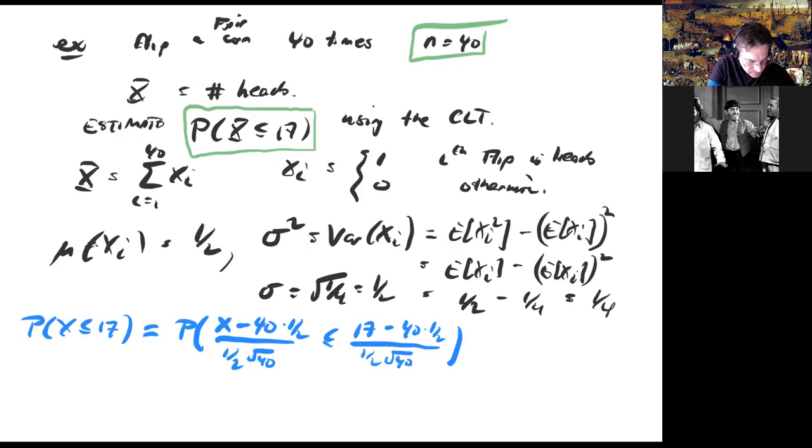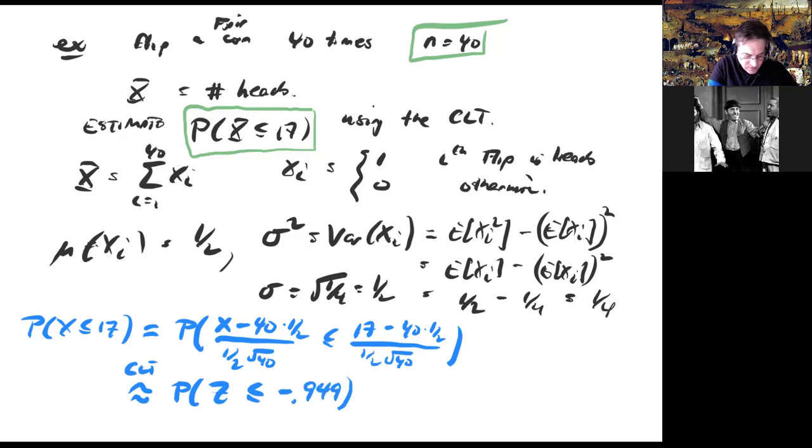Okay, but now by the central limit theorem that's approximately equal to the probability that Z is less than or equal to, we compute 17 minus 40 over 2, divided by 1/2 the square root of 40. You can do that on your calculator. You get negative 0.949.